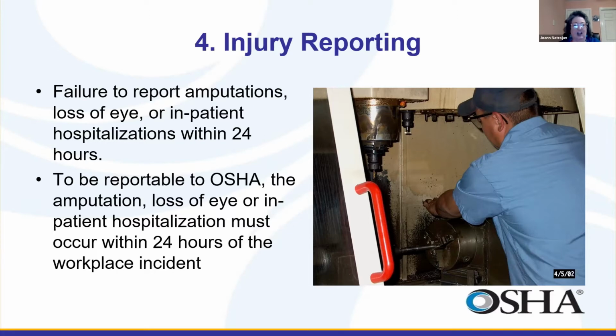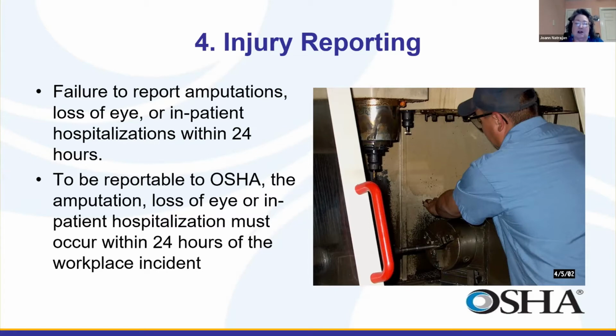And so they treat the person and try to save the finger, but maybe 4 or 5 days later, they look at it and go, it's not working. We're going to have to amputate it. In that case, you do not have to report that to OSHA because the amputation did not occur within 24 hours of the workplace incident. So it's important to know when you do have to report and when you don't have to report.